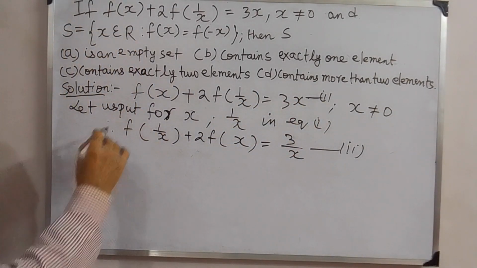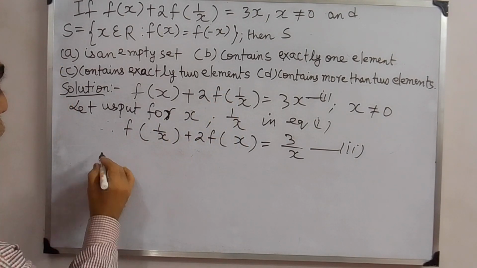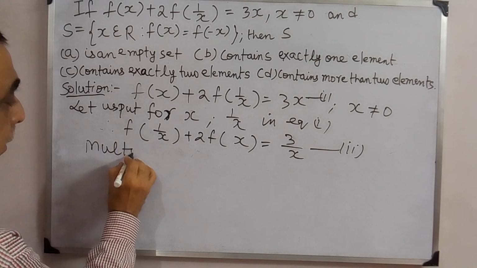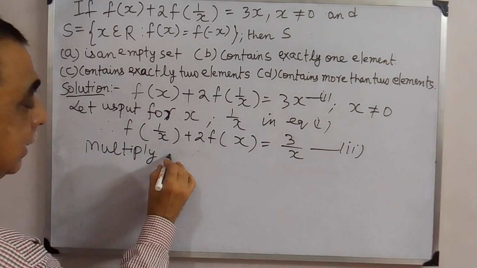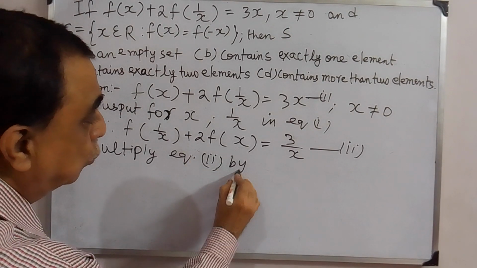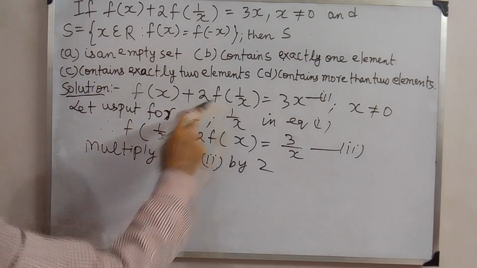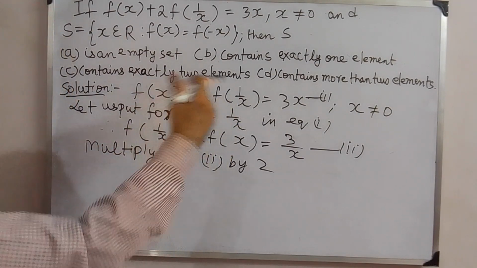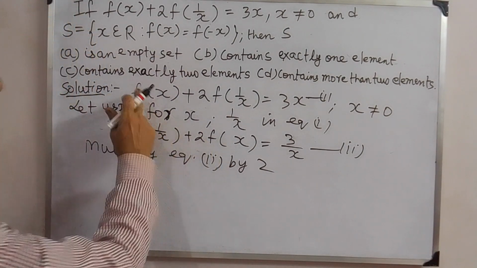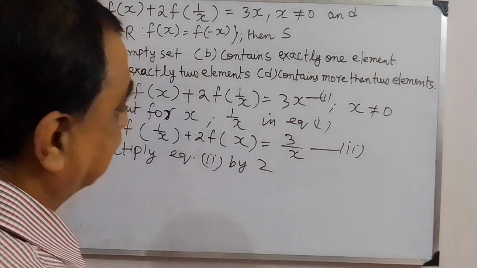So multiply equation 2 by 2, making the coefficient of f(1/x) equal, and then subtract one equation from the other, and we will get the value of f(x) in terms of x.